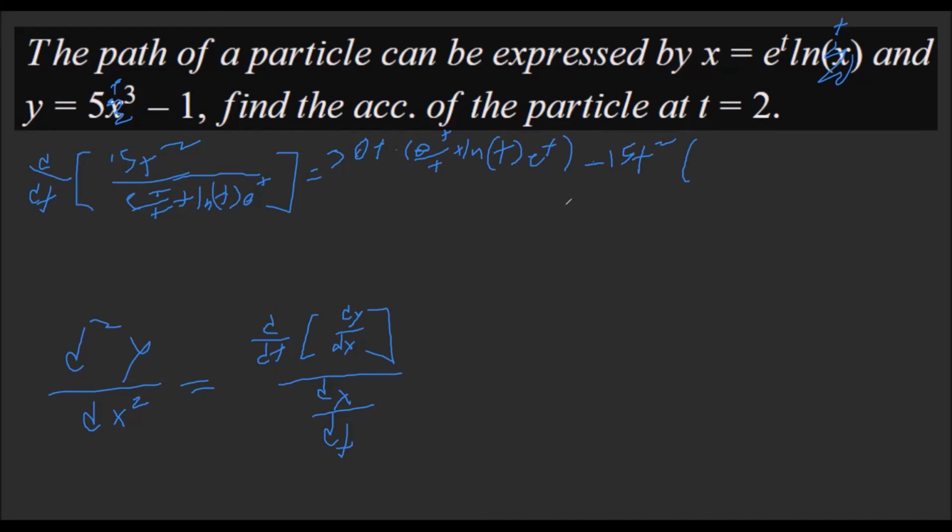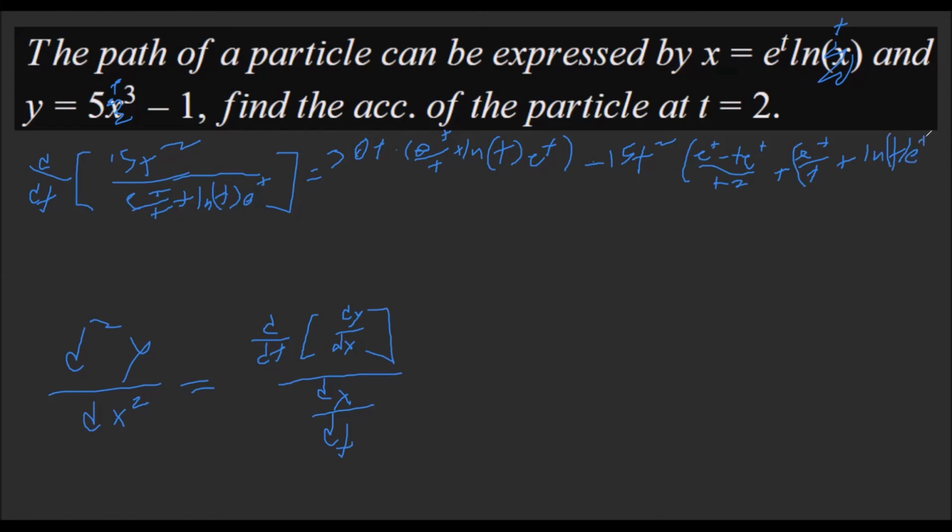I don't know why I made this question so complex. So now we have to use the quotient rule on this as well. So that's simply e to the power of t minus t times e to the power of t, over t squared. Plus the derivative of natural log t times e to the power of t, which is e to the power of t over t, plus natural log t times e to the power of t.